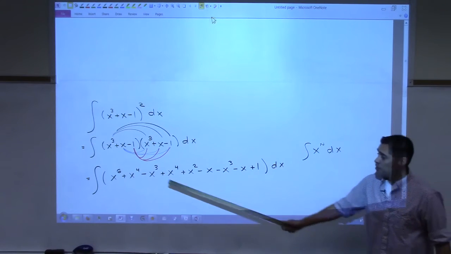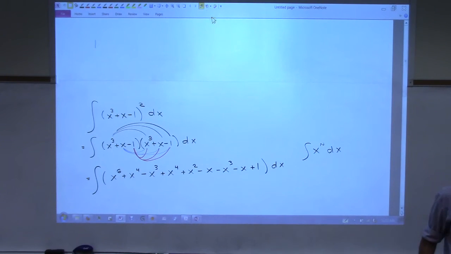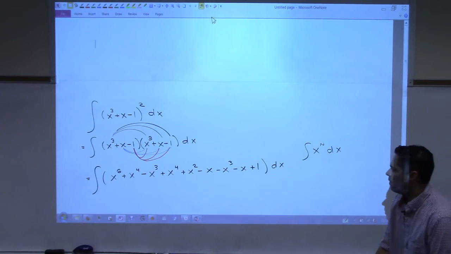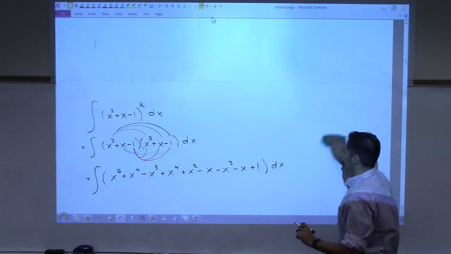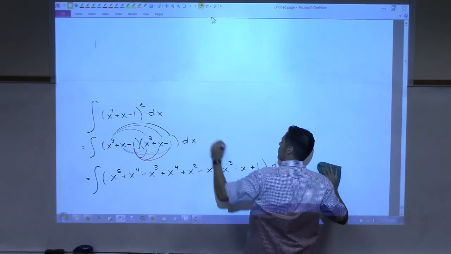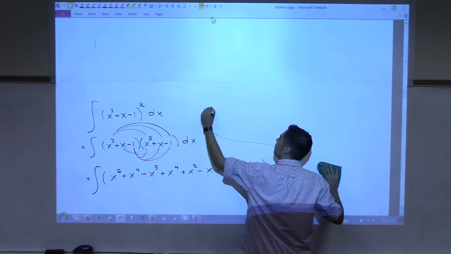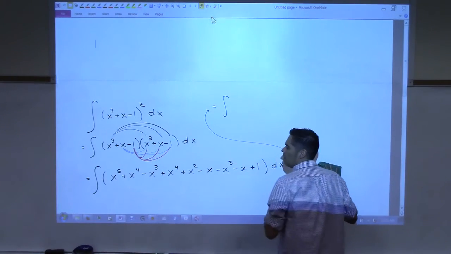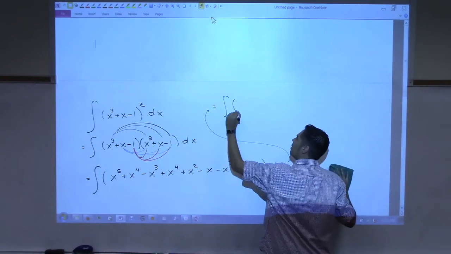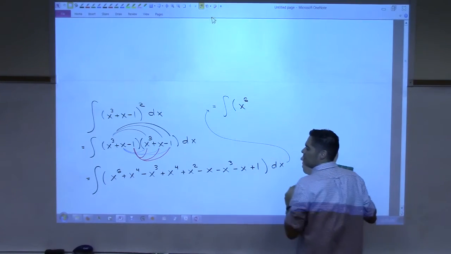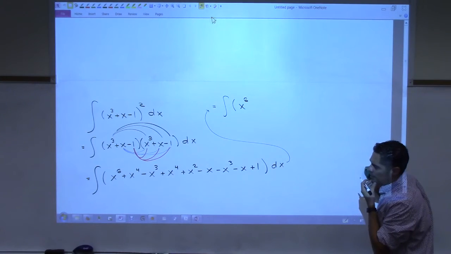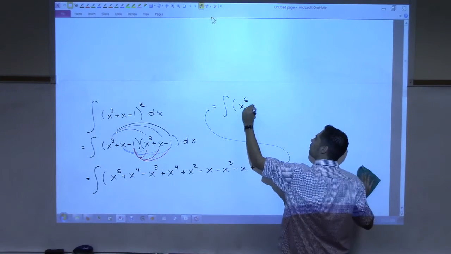Now I could do 9 antiderivatives, couldn't I? But I could also collect like terms. So I'm going to collect like terms first. So this right here is going to equal the antiderivative of x to the 6th. I just have one of those. No x to the 5th. X to the 4th, I have 2 of them.